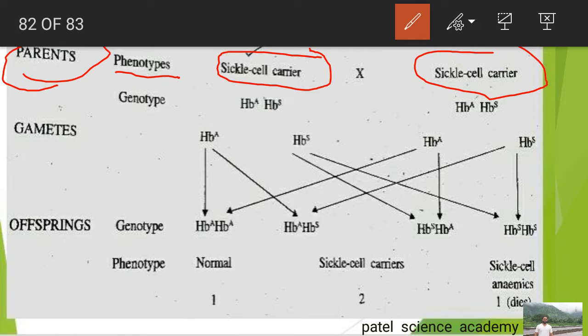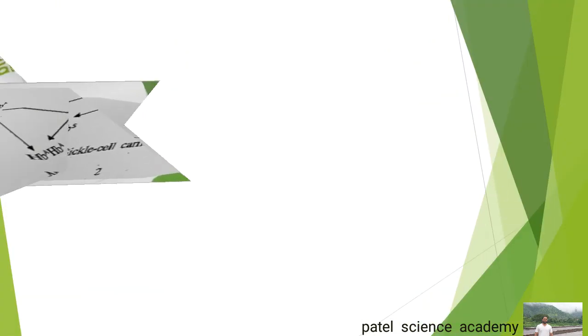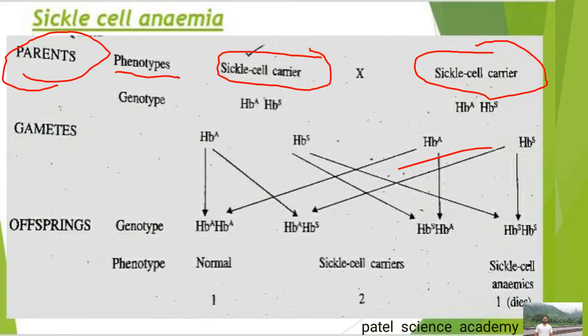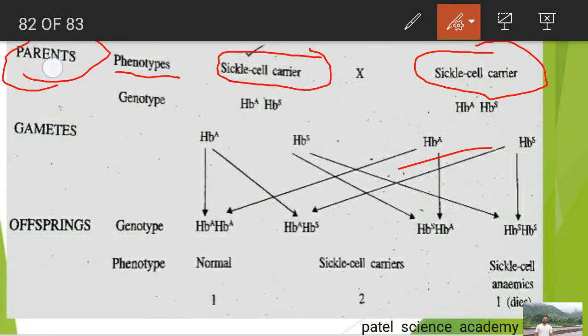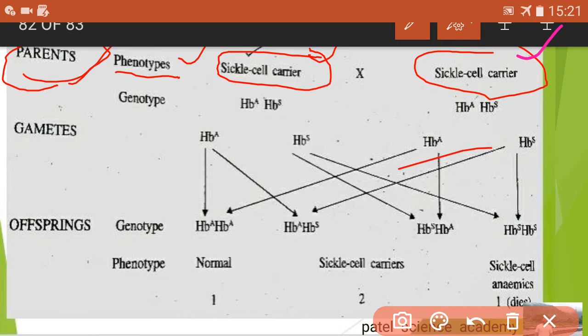So dear students, let's see this cross in this chart. As I told you, these are two parents. Their phenotypes are that both are carriers, mother is a carrier and father is also a carrier. Why are we calling them carriers? Because each has HBA HBS.